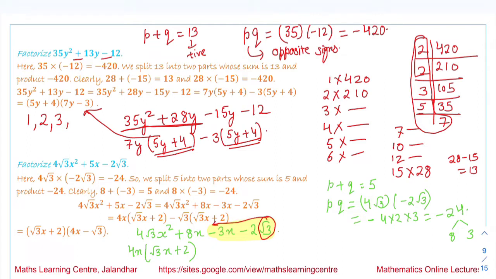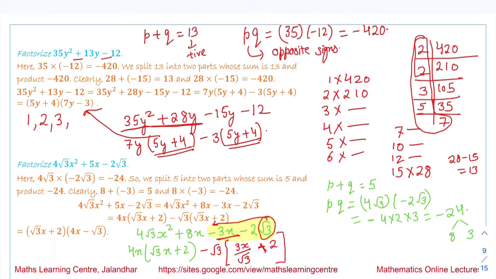When we take minus root 3 common, what we are left with in the first part is 3x over square root 3. The negative sign has already gone. 3x is there and we are dividing it by square root 3, and next we are left with plus 2, because minus square root 3 is already common.